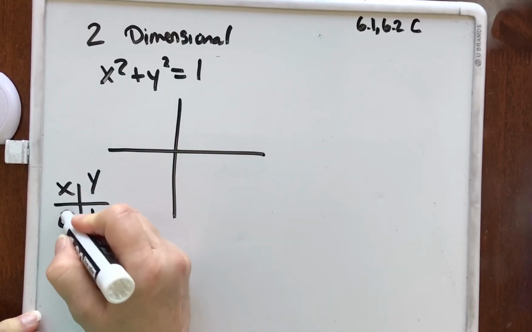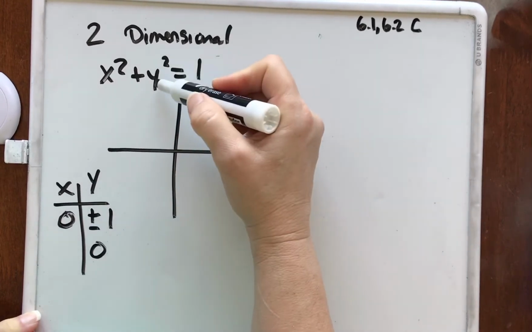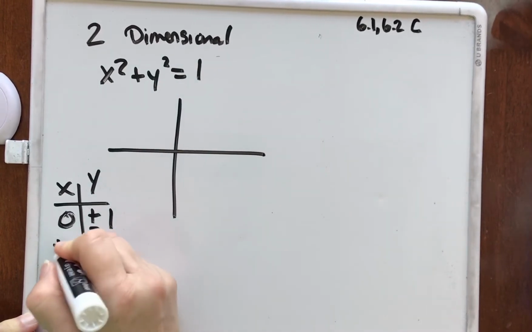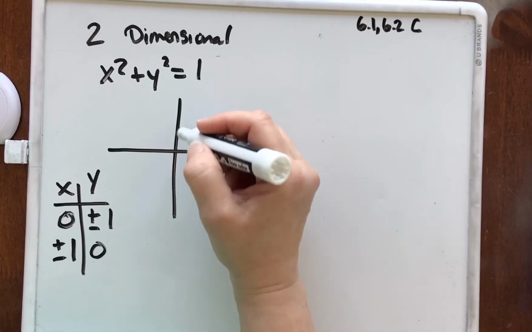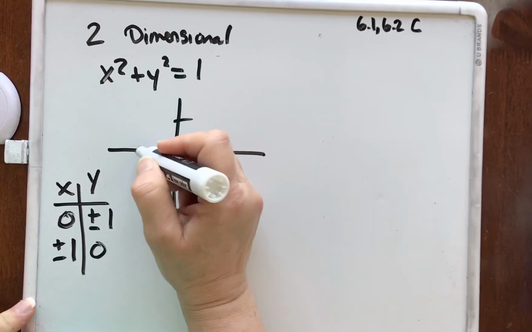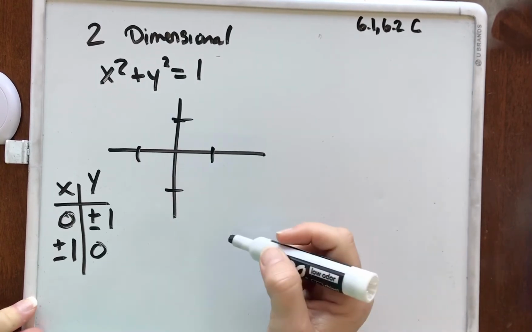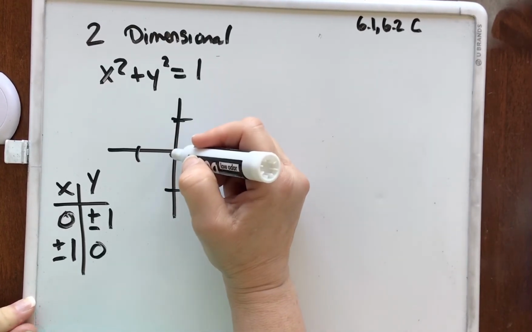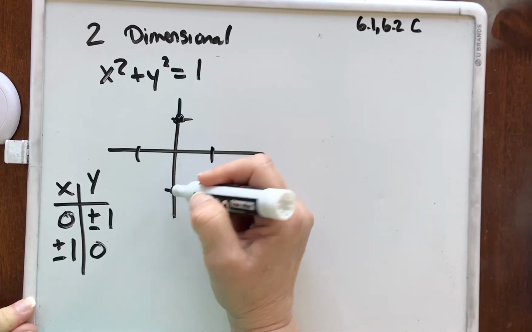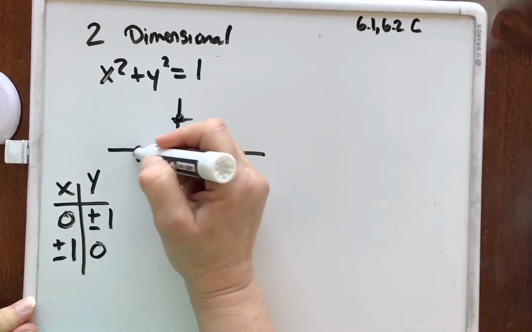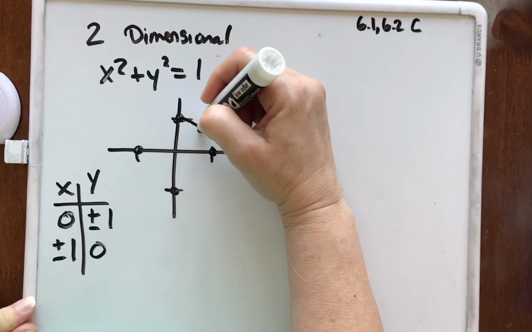If I put a 0 into the y, then x is going to be plus or minus 1 as well. So let's graph those points: 0, 1; 0, -1; 1, 0; -1, 0. And basically what it is, is a circle.